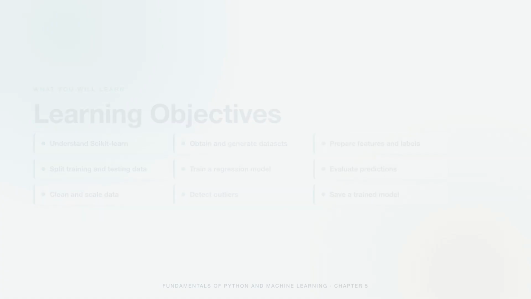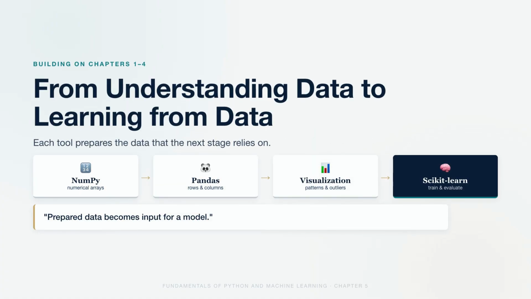Before using Scikit-learn, it is important to understand how this chapter connects to everything we have already studied. NumPy tells us how numerical information can be represented in arrays. Pandas tells us how rows and columns can organize real-world records. Visualization helps us examine patterns, distributions, relationships, and unusual values.